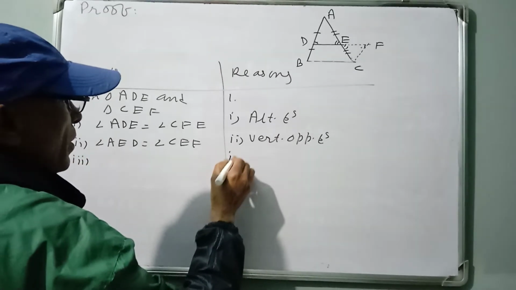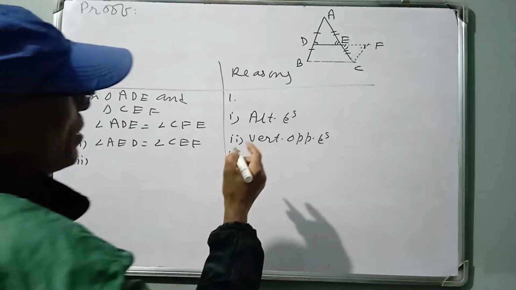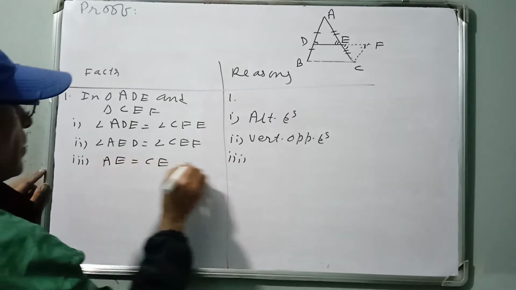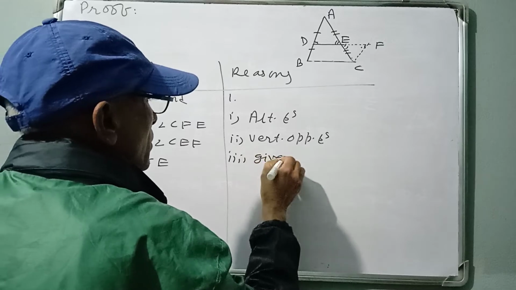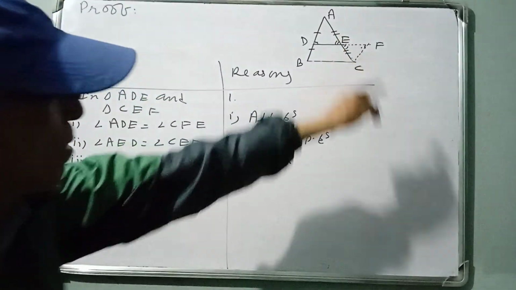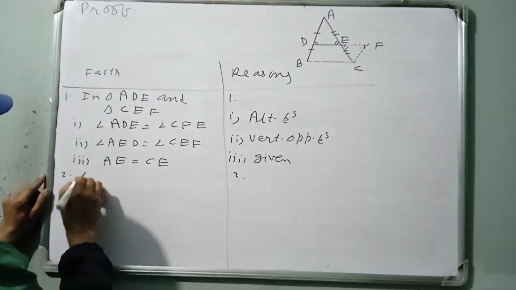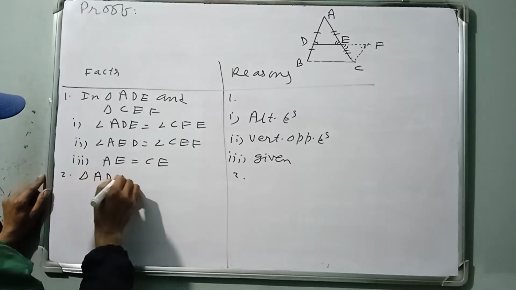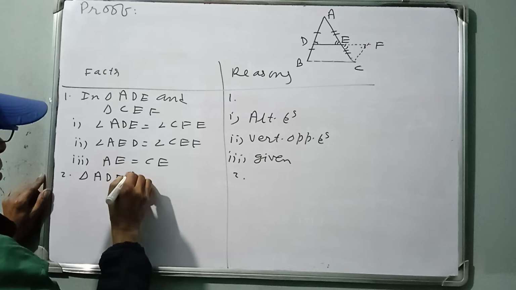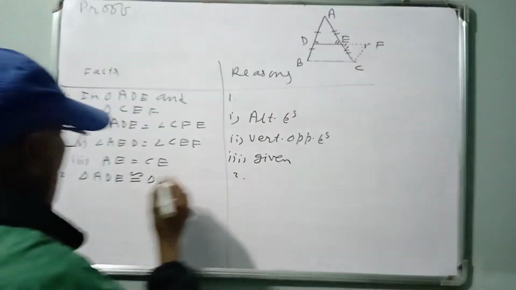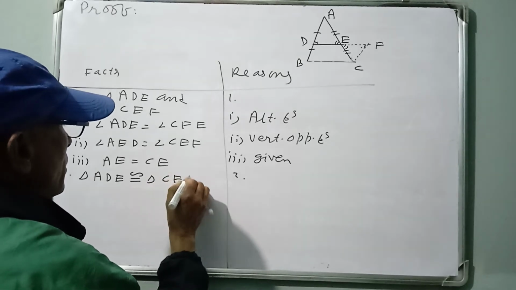Third one, at least one side is necessary. AE equal CE. This is given because E is the midpoint of AC, given. Now two triangles are congruent, means triangle ADE is congruent to triangle CEF.